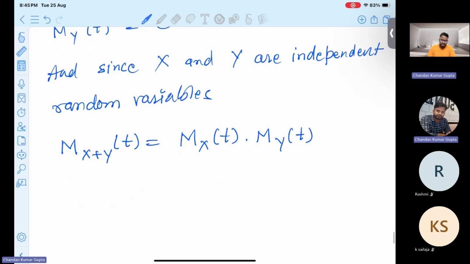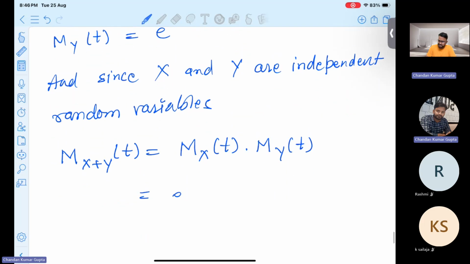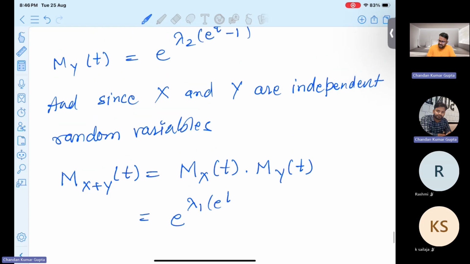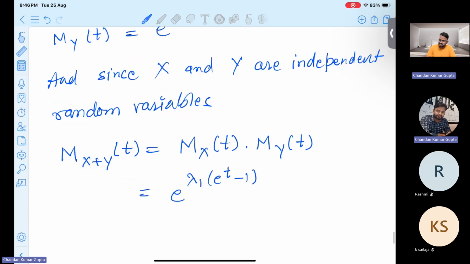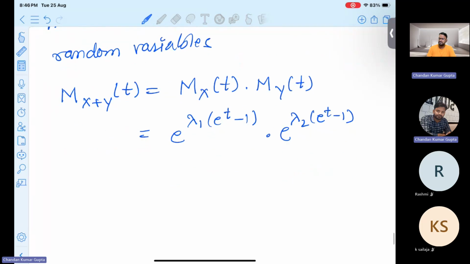Simple. So it's e to the power lambda1 times (e to the power t minus 1), multiplied by e to the power lambda2 times (e to the power t minus 1).